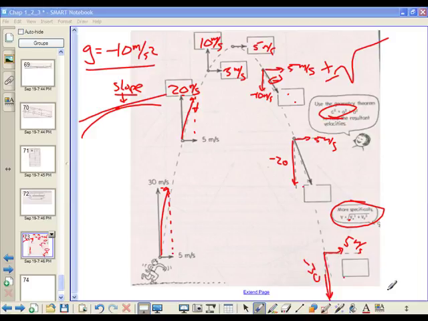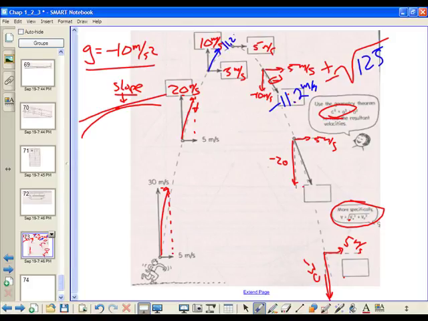So let's look at this. Here I have 10 squared plus 5 squared, so 100 plus 25. So I have the square root of 125, which I believe is 11.2 meters per second. But plus or minus, it's a negative 11.2. That vector there is the positive 11.2.